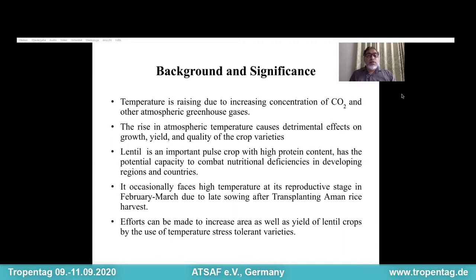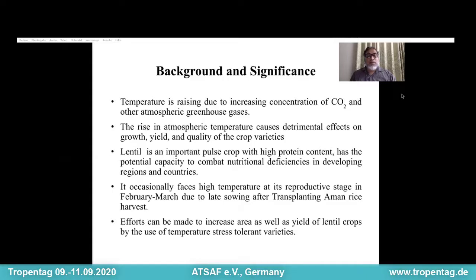The rise in atmospheric temperature causes detrimental effects on growth, yield, and quality of the crop varieties. Lentil is an important pulse crop with high protein content, has the potential capacity to combat nutritional deficiencies in developing regions and countries.